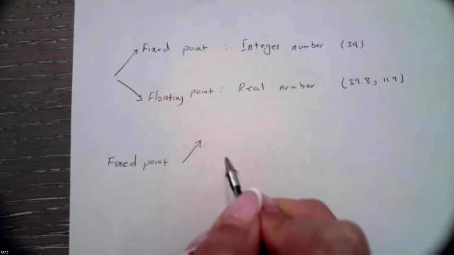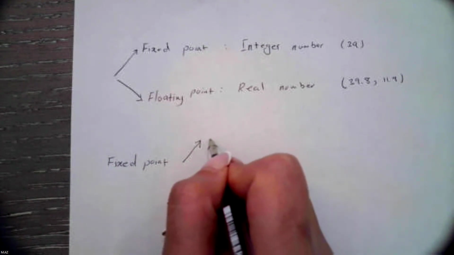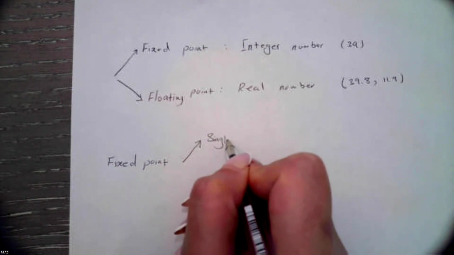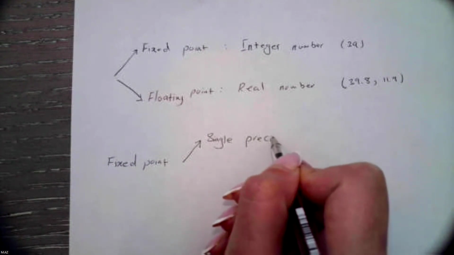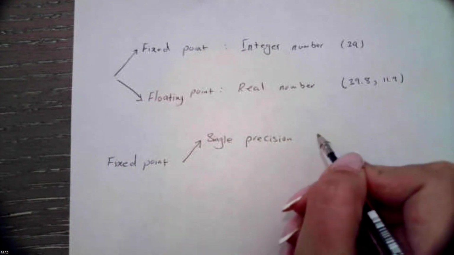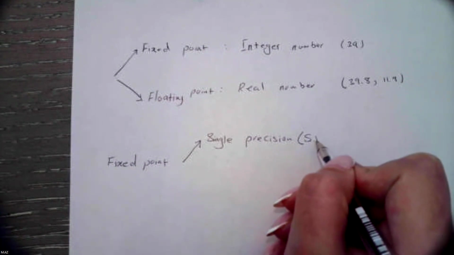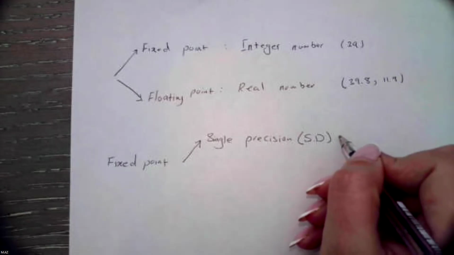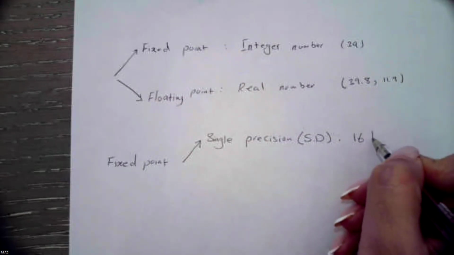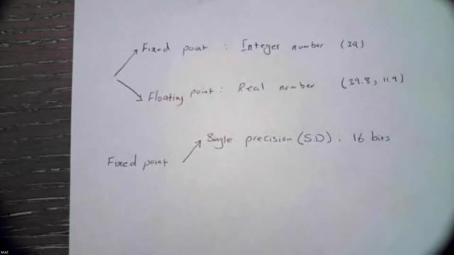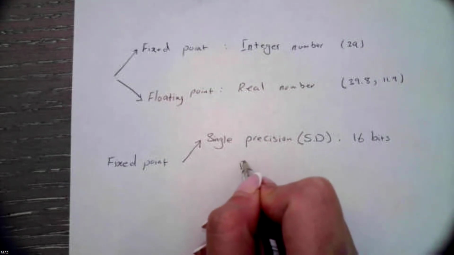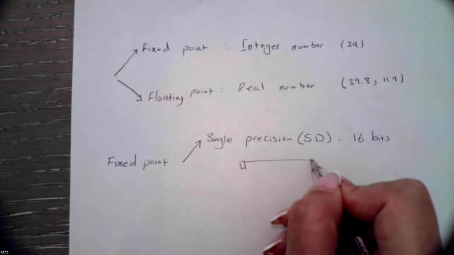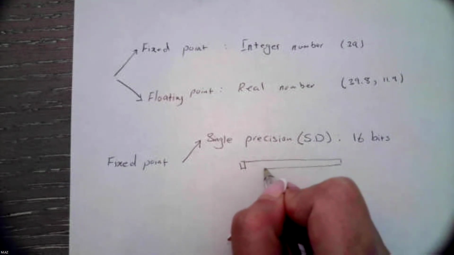The first option is called single precision. For single precision, the integer uses 16 bits.